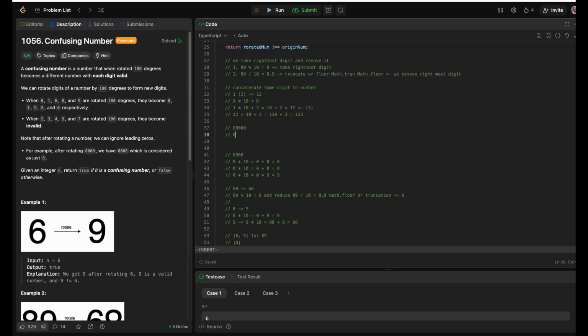We have a 0, and now in the next operation we add the 0 to our answer. For example, our answer is 0, like the base case, and we multiply our 0 by 10, then we get 0, and plus 0.